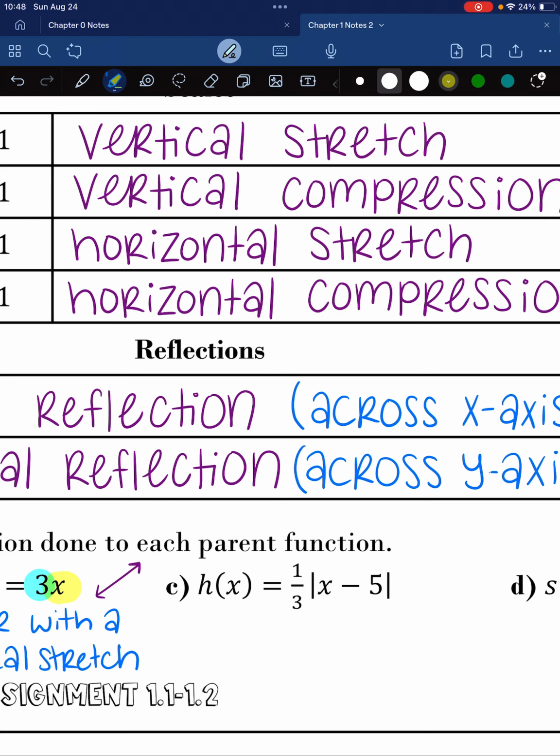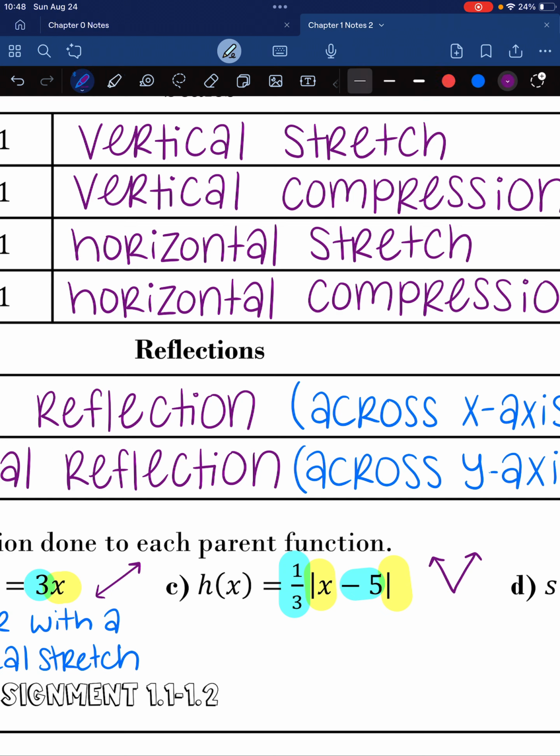Okay, so identifying that function family, we see those absolute value bars there. So I know that this is going to be a V shape, right? Because that's my family. And this one has 2 transformations with it. We're multiplying by 1/3, so that's going to be a vertical compression. And then subtracting 5.